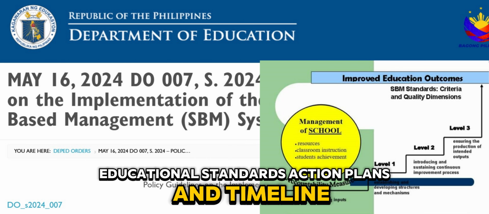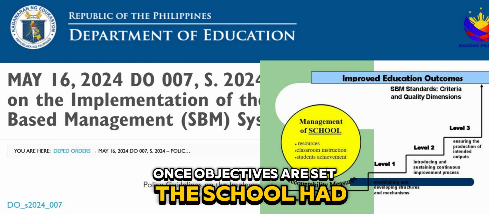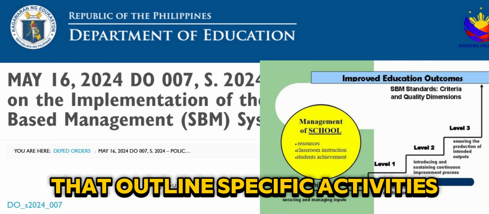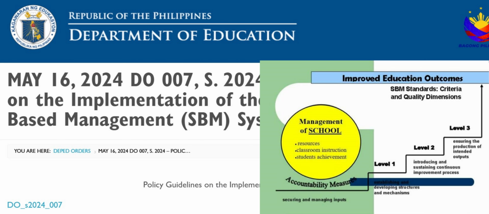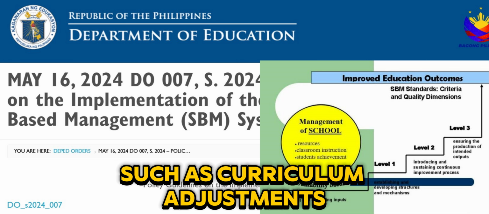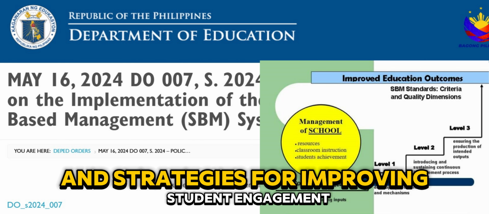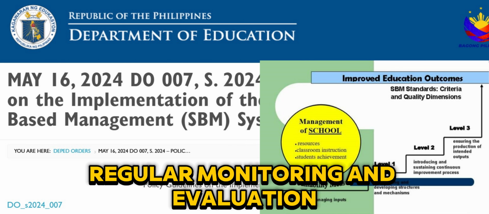Action plans and timeline. Once objectives are set, the school head must guide the creation of action plans that outline specific activities, timelines, and the responsible parties. The action plans should address areas such as curriculum adjustments, professional development for teachers, and strategies for improving student engagement. Regular monitoring and evaluation.